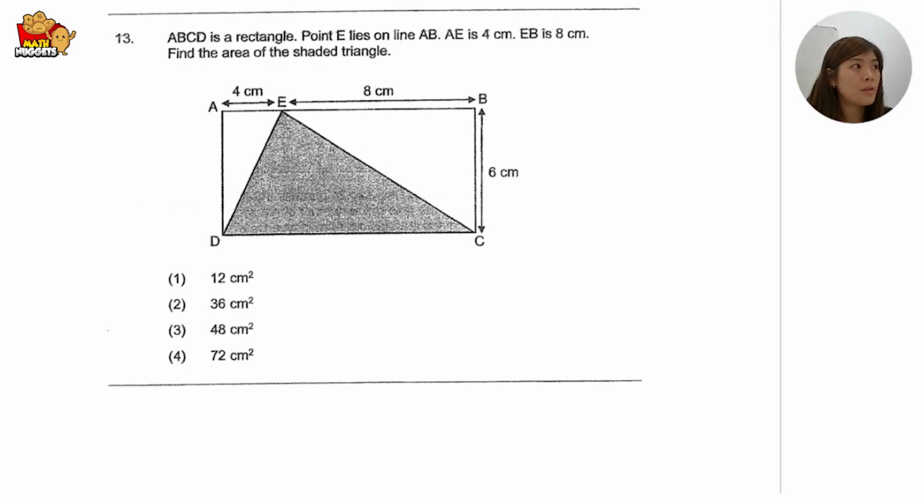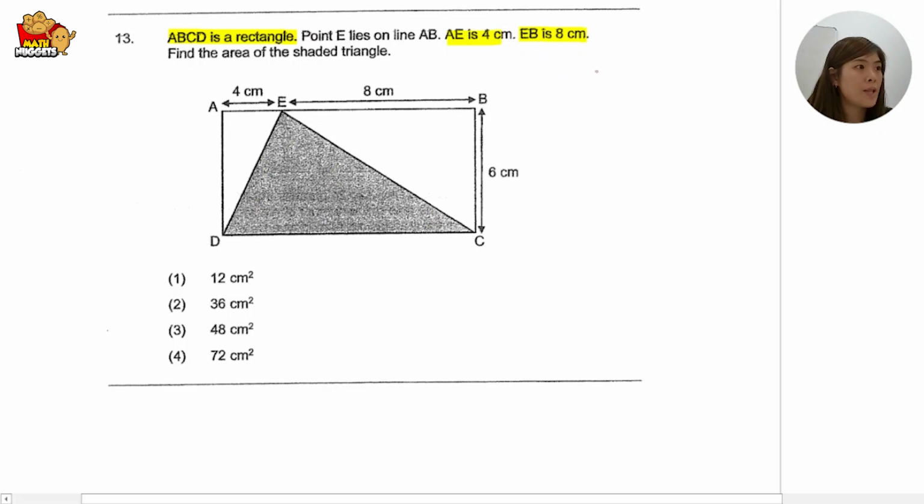Question 13. ABCD is a rectangle. Point E lies on line AB. AE is 4 centimeters, EB is 8 centimeters, and they want you to find the area of the shaded triangle, which is here.